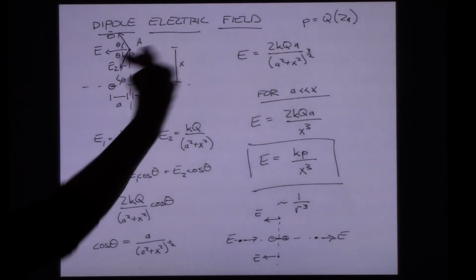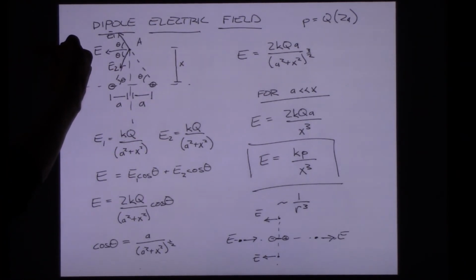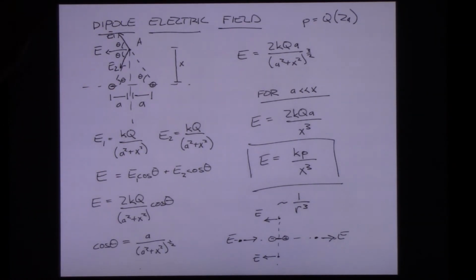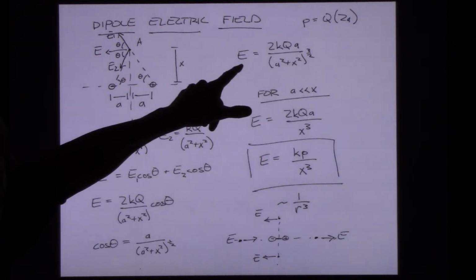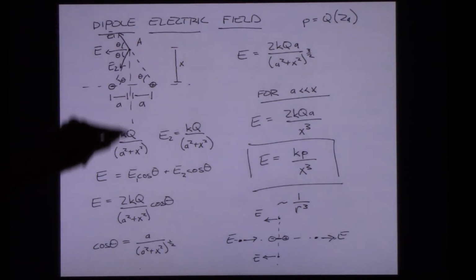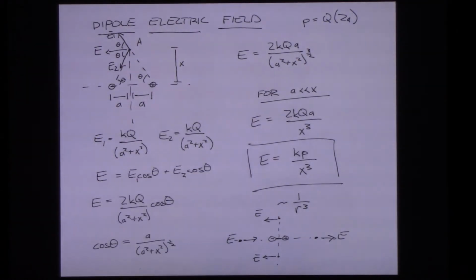So the E field is directed parallel to the x-axis, and this is the magnitude. The sideways components cancel out. The cosine theta is a over the square root of a squared plus x squared, so I'm just using a trig function here. That's my exact formula for the dipole along the y-axis, even though I wrote it in terms of x.